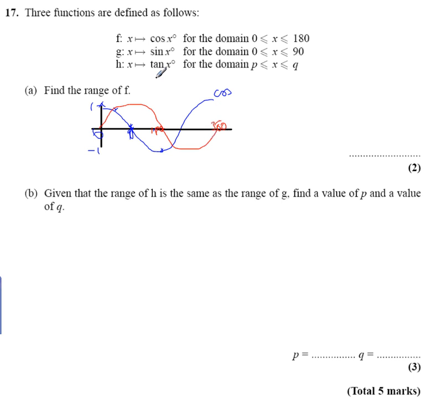And then it talks about tan x. Well, tan x is the ratio of sine over cos. So when x is 0, sine x is 0 and cos x is 1. So tan is going to be 0 over 1, so tan starts off at 0 as well. And then as sine increases and cos decreases, tan gets bigger and bigger.